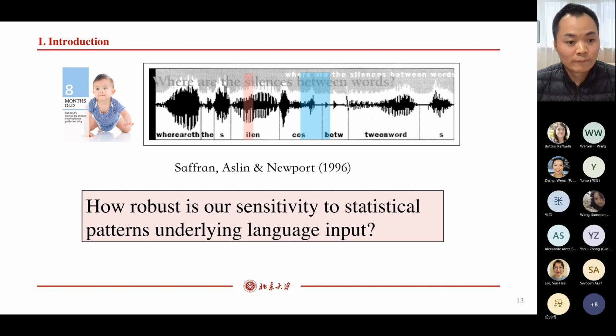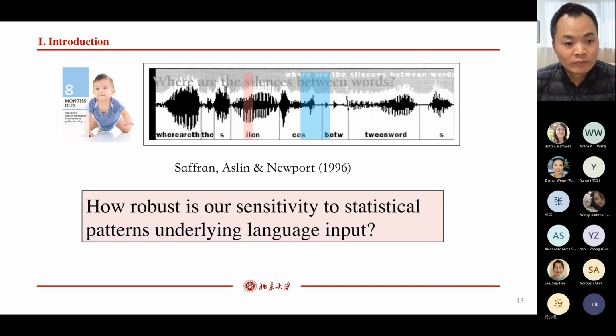The other thing is, as Professor Rebuschat and other researchers have examined, what we call statistical learning. Since there are statistical regularities underlying multiword sequences, and people are able to track such statistical information when processing multiword sequences, the other question is how robust is our sensitivity to statistical patterns underlying word combinations?